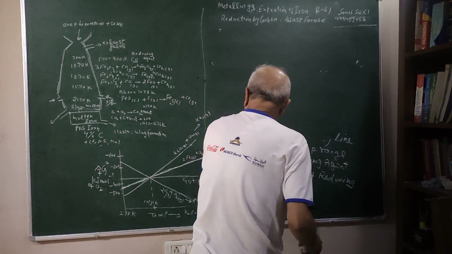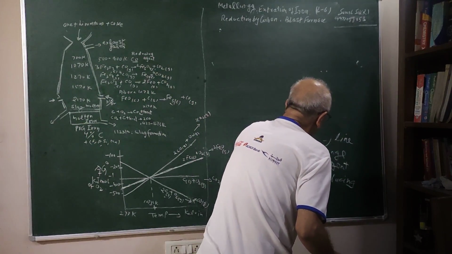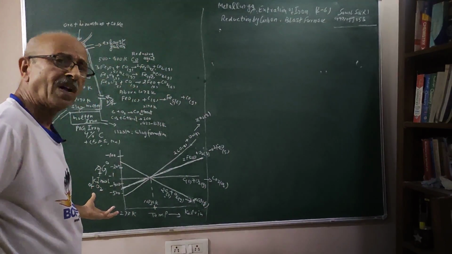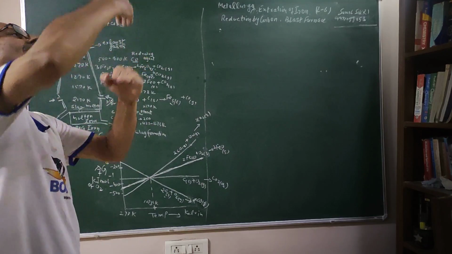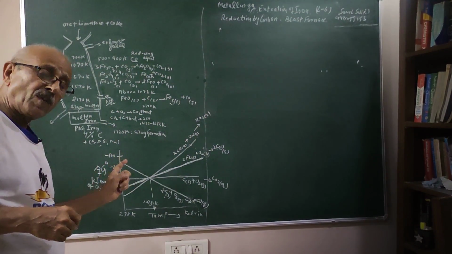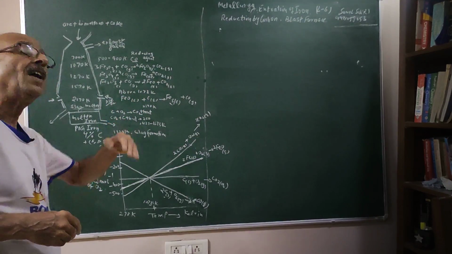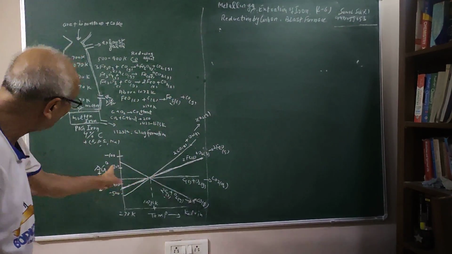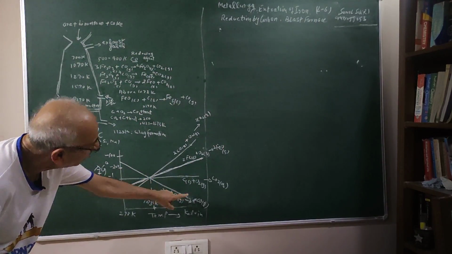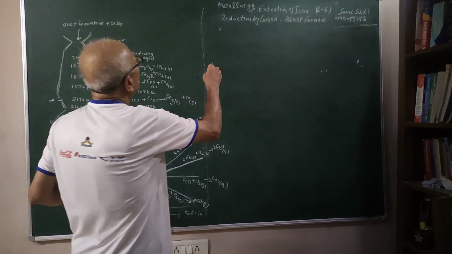The point to explain was in the Ellingham diagram, which I explained in my last 2 lectures, and a diagram is given in the book also. The lines which are lower reduce the lines which are above them. Lower temperature, carbon monoxide, less than 1073, and higher than 1073 temperature, this is clearly indicating that this line is lower, so carbon will be acting as a reducing agent.